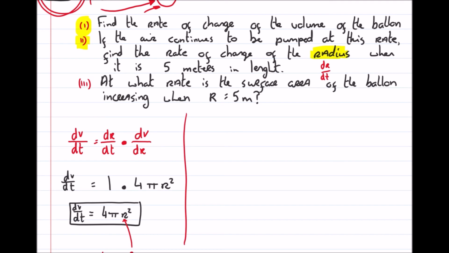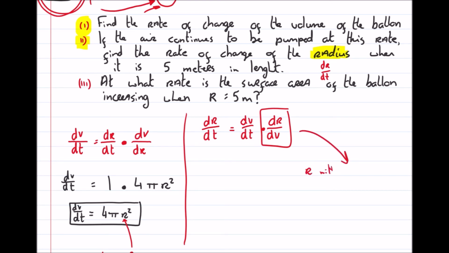Right, so what do we want? dr/dt. What do we have? We have dV/dt. And if I multiply that by dr/dV, which is the radius with respect to the volume.